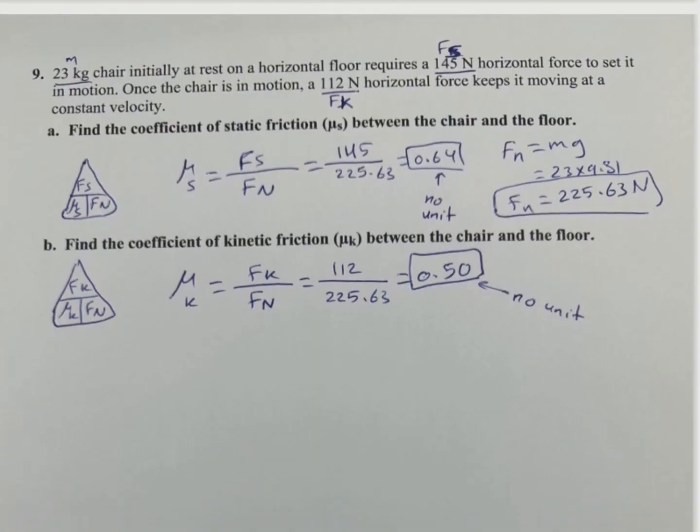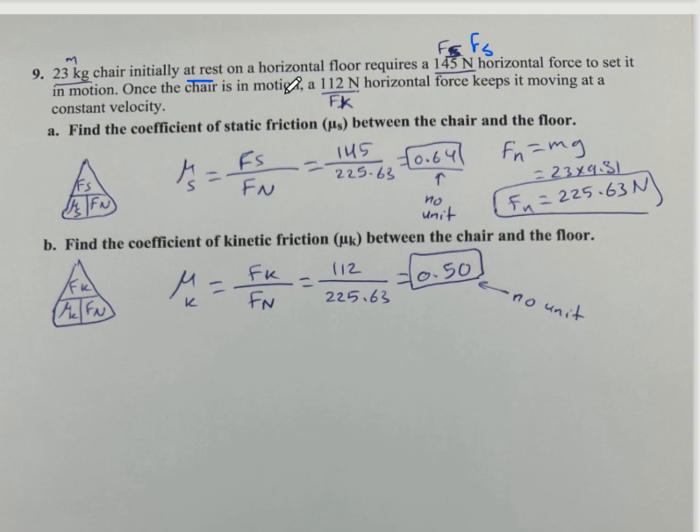Okay, let's come to the last question, question 9. A 23 kilogram chair initially at rest on a horizontal floor requires 145 Newtons. This 145 Newton is Fs, because it was at rest, so this is the static frictional force, to set it in motion.